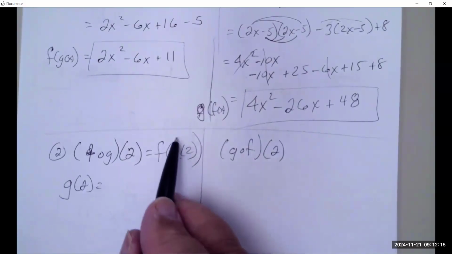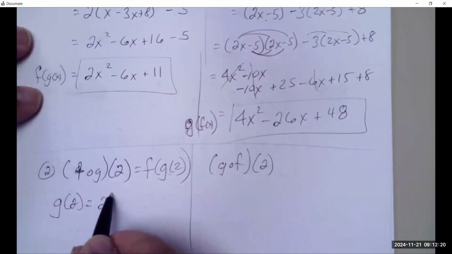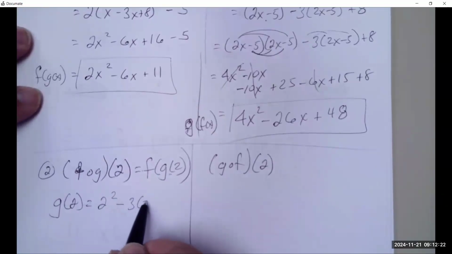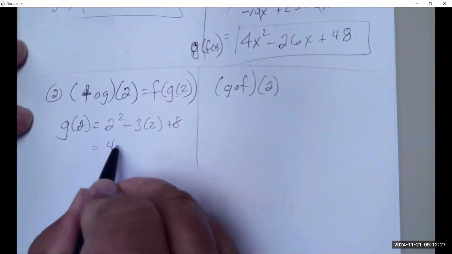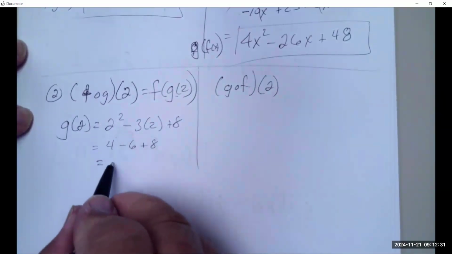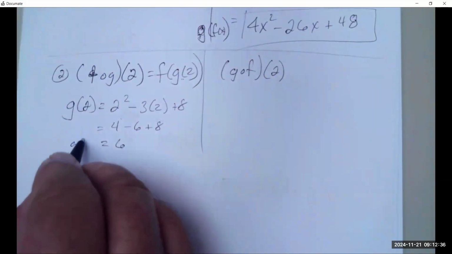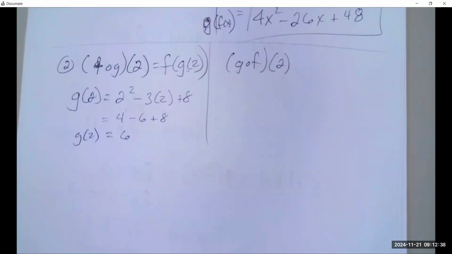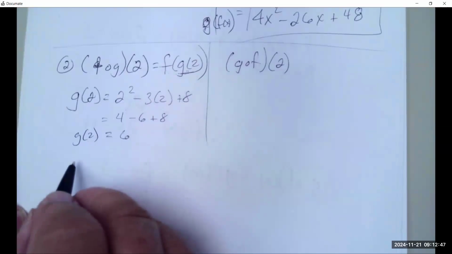Once we find that, we plug it inside the f function. So it's 2 squared minus 3 times 2 plus 8. 4 minus 6 plus 8. 12 minus 6 is 6. So that's g of 2. Where does that go? Since that's my input, now this goes into my f.